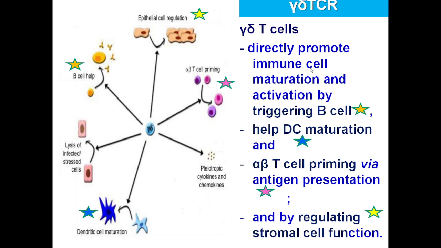They directly promote immune cell maturation and activation by triggering B cells. It means they activate B cells and their transformation into plasma cells producing antibodies. Gamma delta T cells help dendritic cell maturation from the precursors.